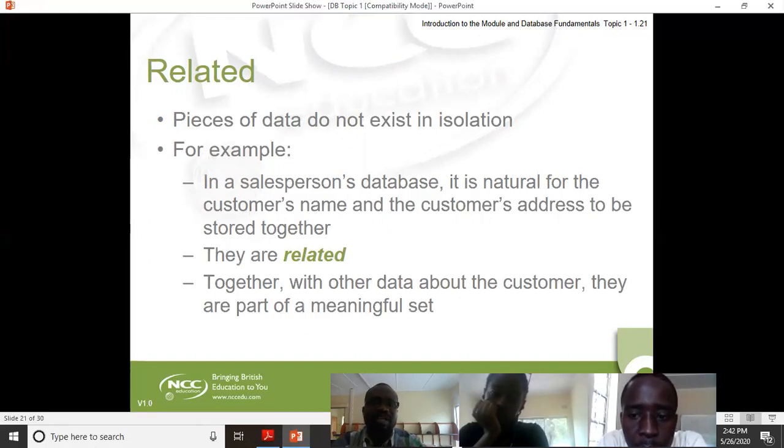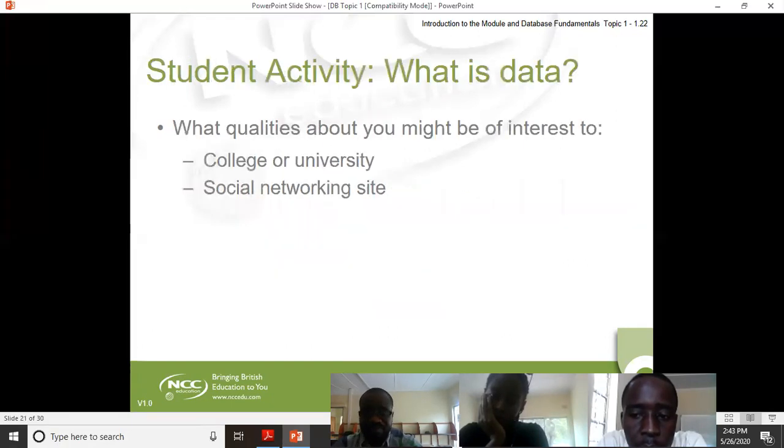So, for example, in a salesperson database, it's natural for the customer's name and the customer's address to be stored together, right? Because the customer's name and the address belong to the customer, isn't it? So they have to be stored together, and they are related together with other data about the customer. They are part of the meaning set.